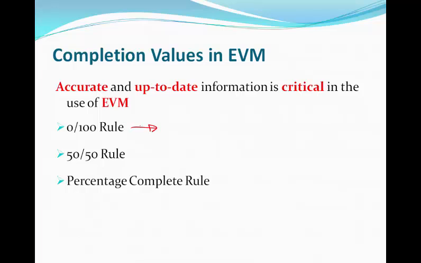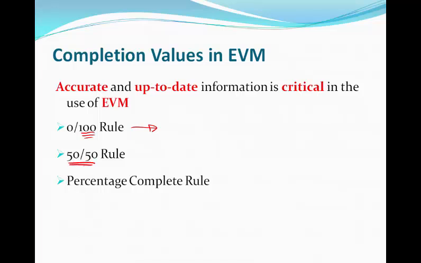What this means is once you've started the activity, you mark it as 0% complete, and the only other option you can mark it as is 100% complete, and you can only do that if you've actually completed the activity. So if you've completed half the activity, it will remain at 0. The only time you can update the completion, or your performance, is once you've completed that particular activity.